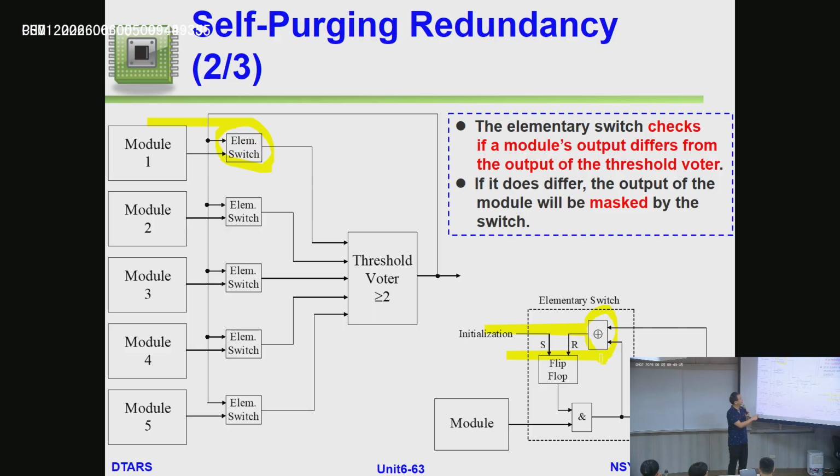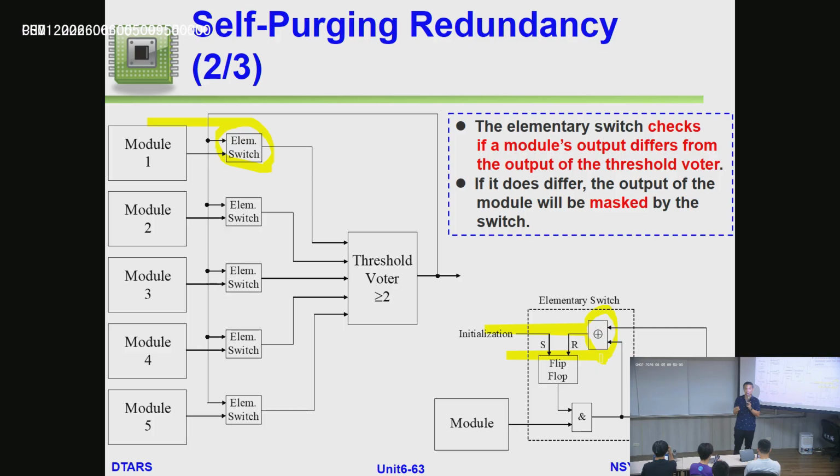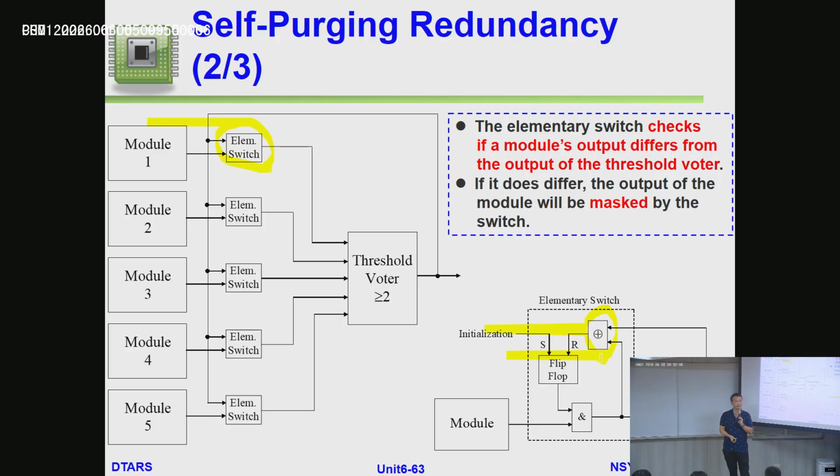So we can use this elementary switch to locate where the faulty module is. And based on the comparison results, we can turn off this module. This is one reconfiguration operation. So this one is responsible for locating faulty components and reconfiguration, and the voter does the masking part and generates the golden results.